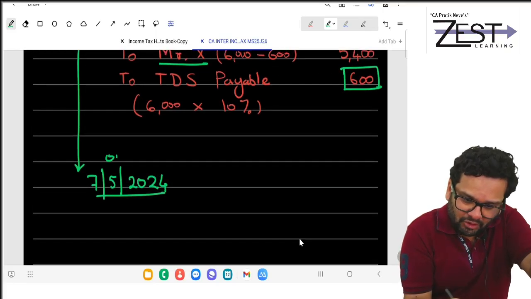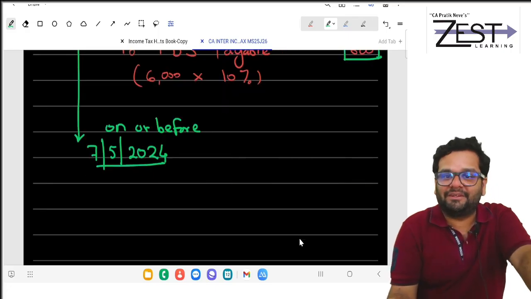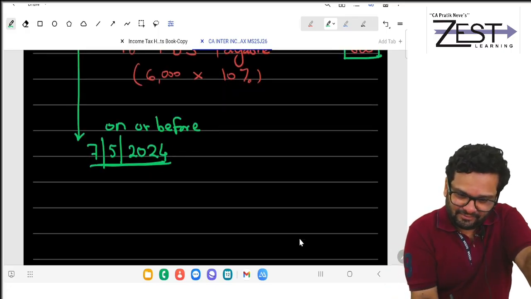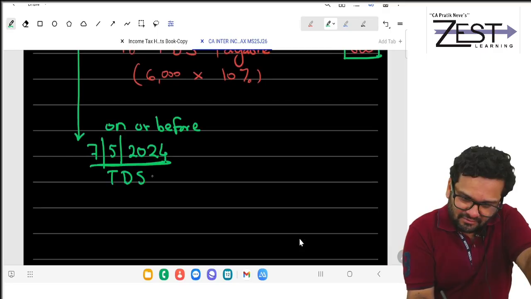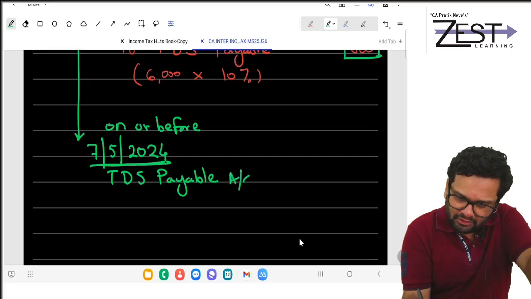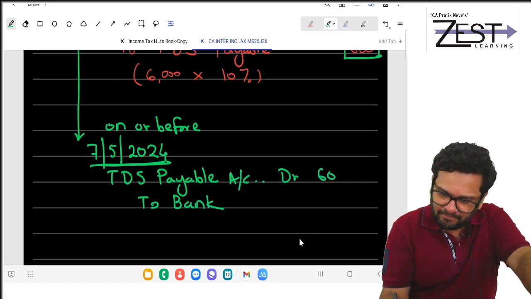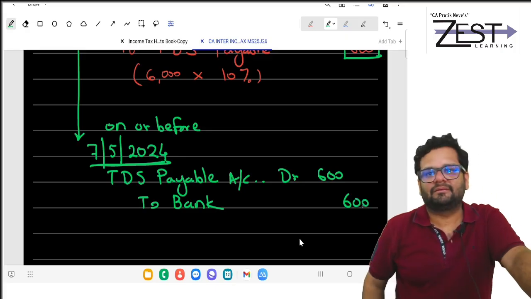2024, what entry will I pass? What will happen? TDS payable account debit, to bank. How much? Exactly.